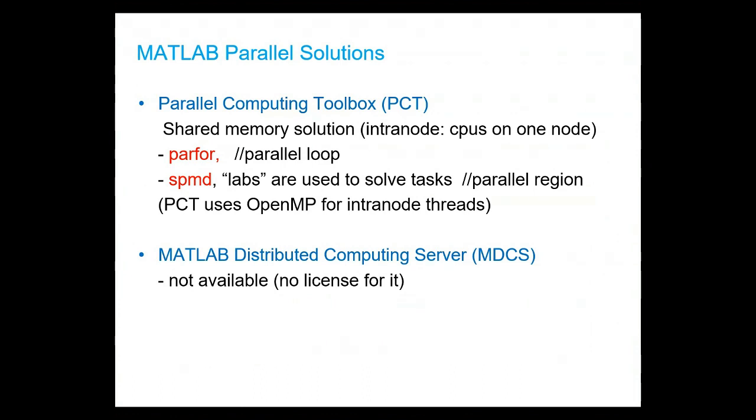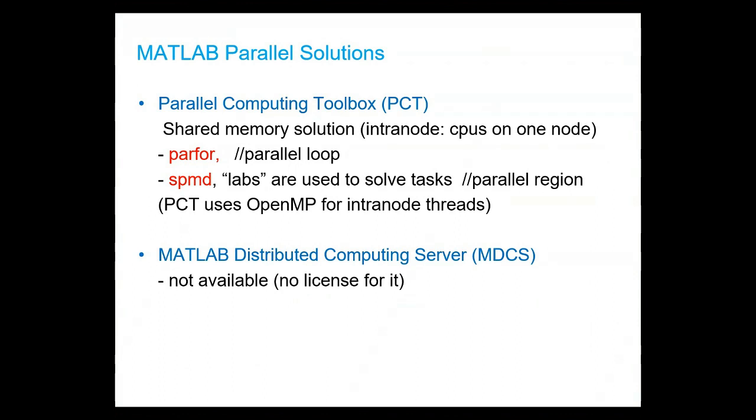In the Parallel Computing Toolbox, there are basically two features. One is the parallel loop, where we use parfor, and the other is called SPMD. SPMD basically opens a bunch of workers, or labs, to solve tasks.